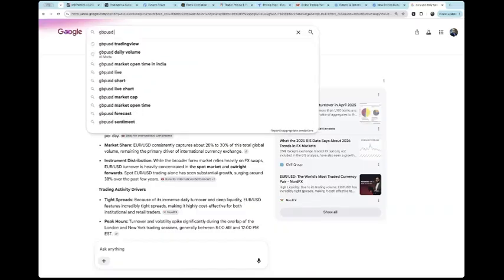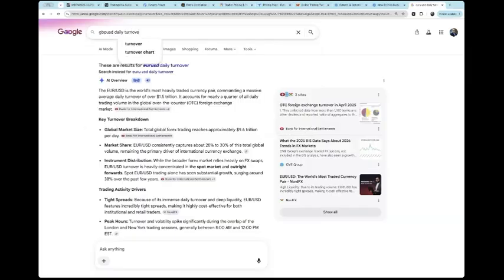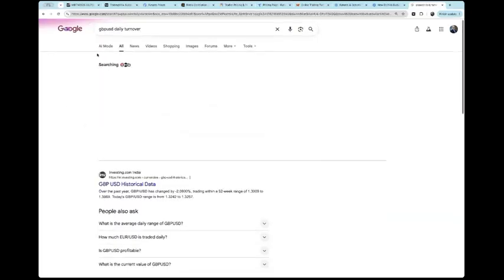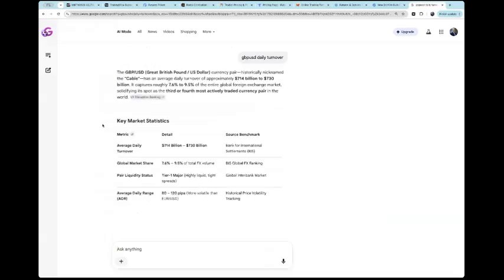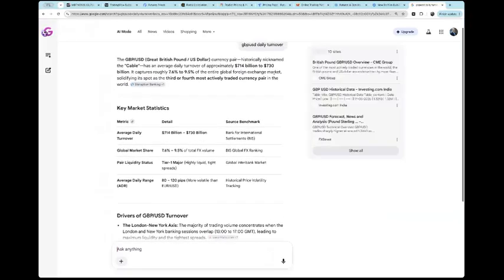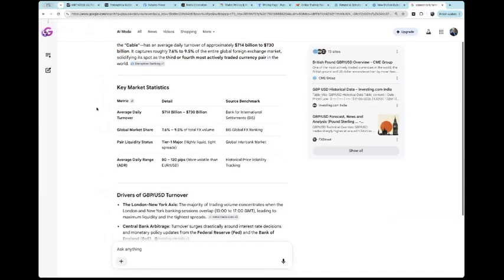GBP/USD daily turnover, let's have a look. It's only GBP/USD at $730 billion per day, 7.6 to 9.5% of the entire market.